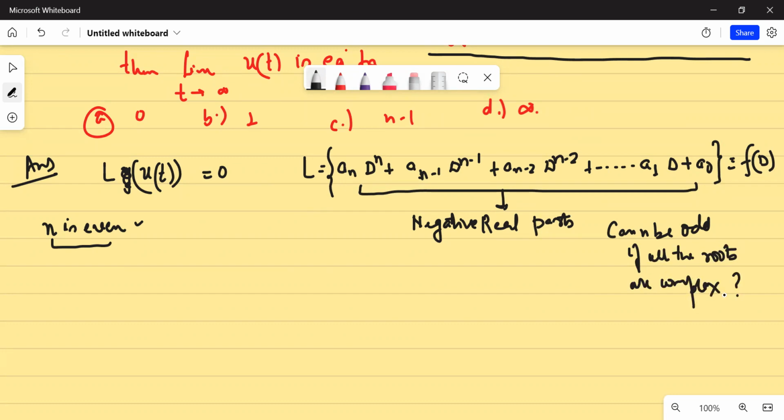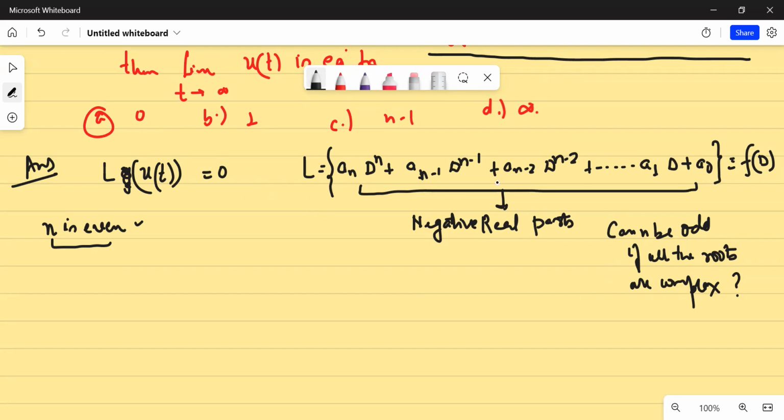So the most general case would be that all the roots are complex and all the real parts are negative. You can argue why I'm doing so: the real numbers are after all a subset of the complex numbers. So if I make a statement for complex numbers, all I need to do for real numbers is keep the imaginary part as 0. So I'm taking the most general case. Now my question is, can n be odd if all the roots are complex?